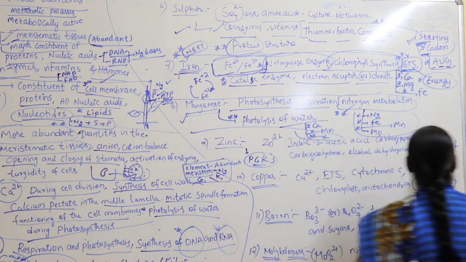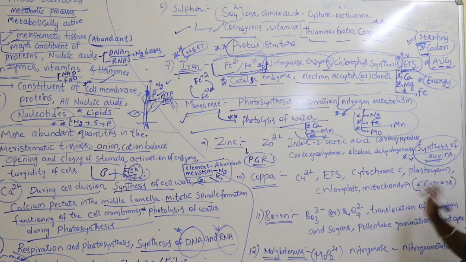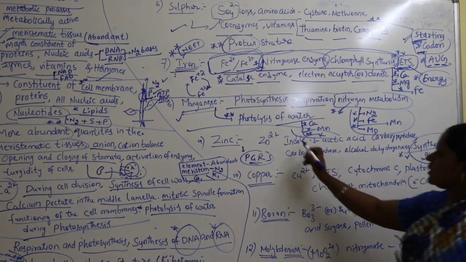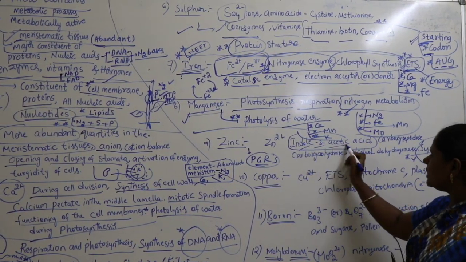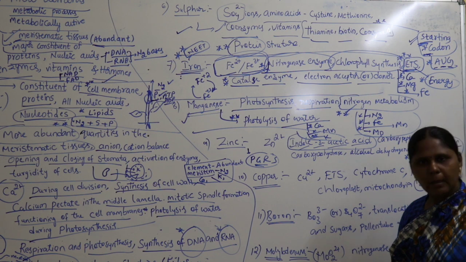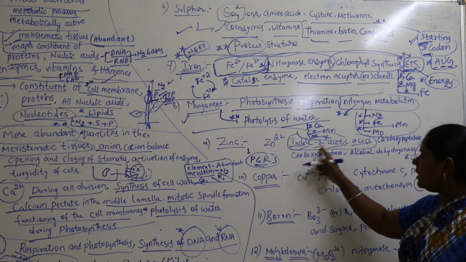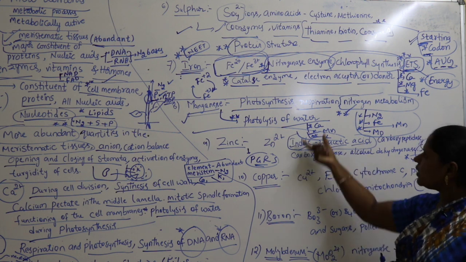So zinc plays an important role in the synthesis of auxin. What is this auxin? Which auxin does it synthesize? Here is the answer, that is indole 3-acetic acid. Of course, we have to go deeper into each and every concept.